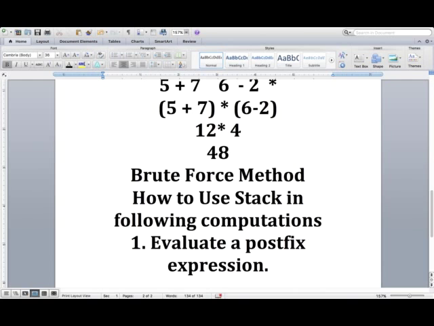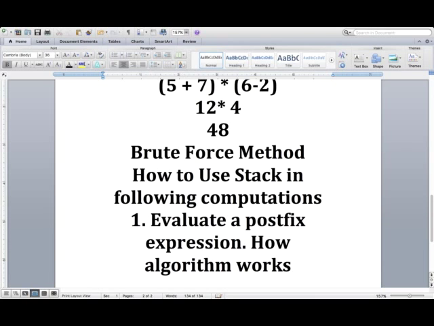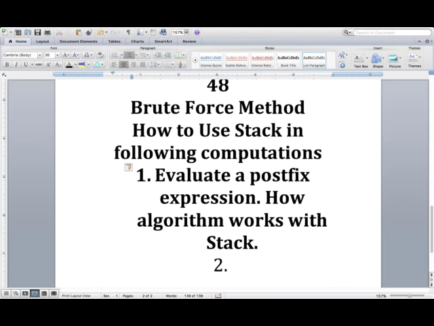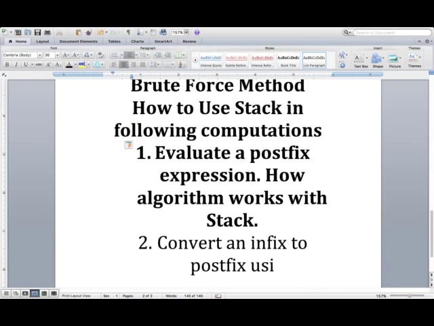Okay, how it works with stack. And the second would be convert an infix to postfix using stack.